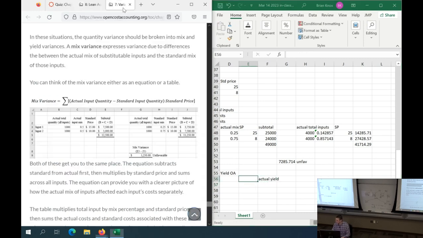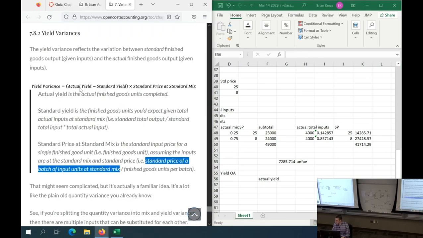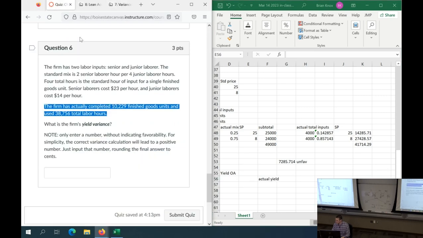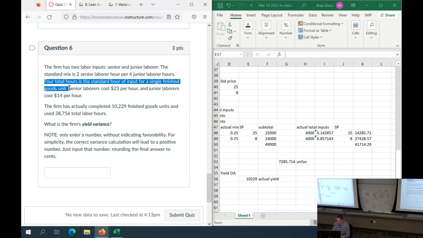We'll go back to the equation real quick. Actual yield right there is given to us. It's that 10,229. That's the actual yield. Now the standard yield says here, we used 38,756 labor hours. Given the standard of 4 labor hours per finished goods unit, that'll give us a standard yield. So we have 38,756.